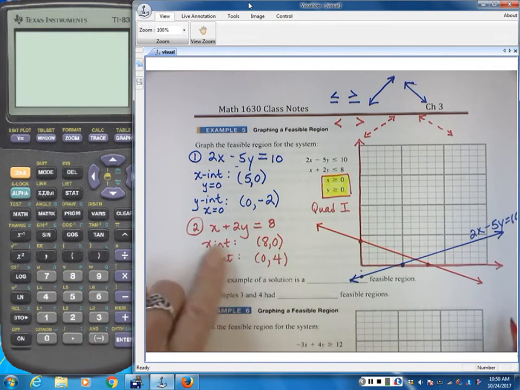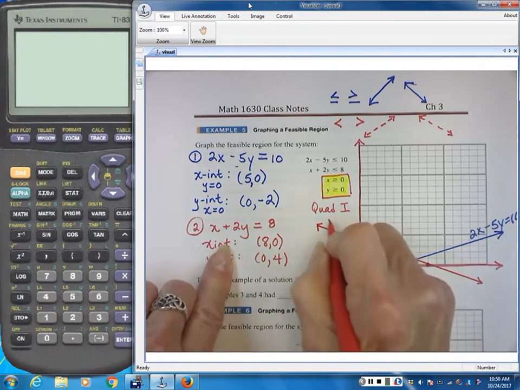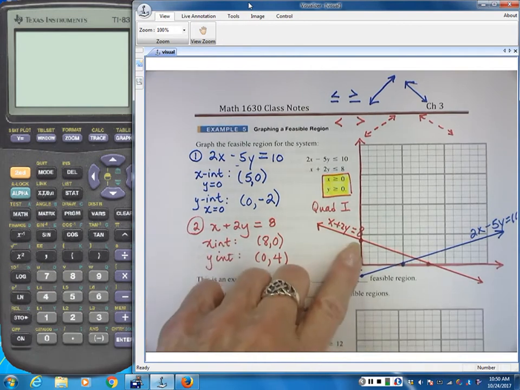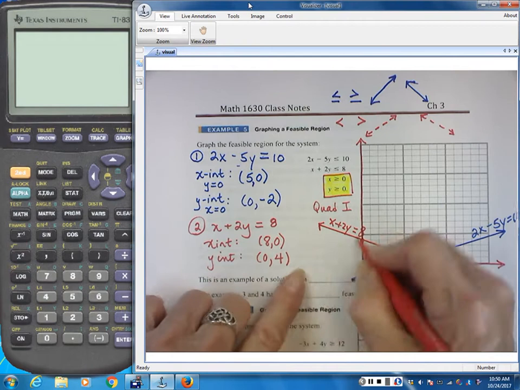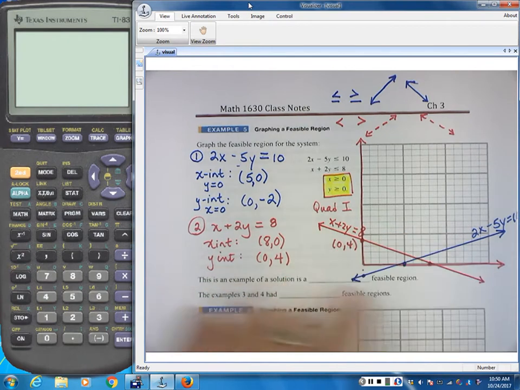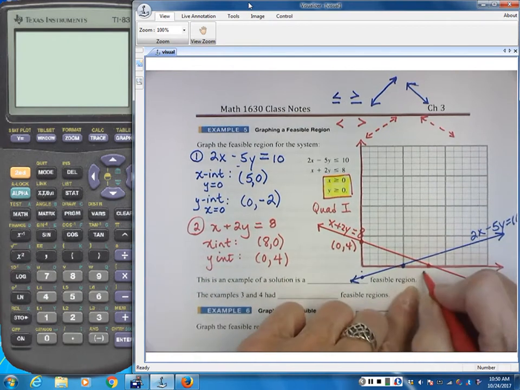So this is the line x plus 2y equals 8. And I have this point here, which is (0, 4). And I have this point here, which is (8, 0).